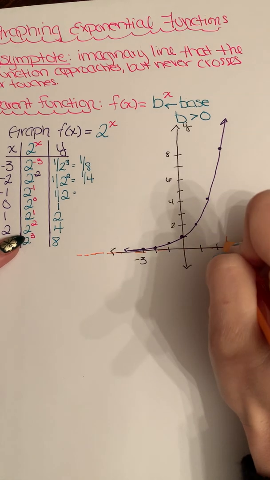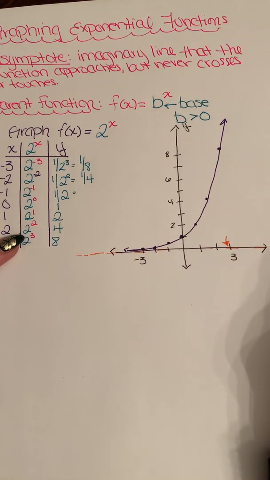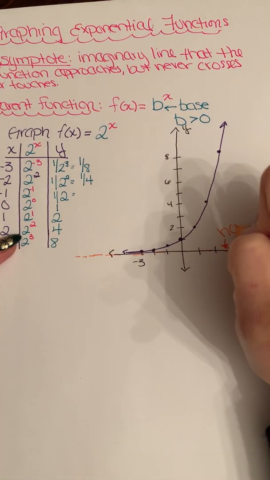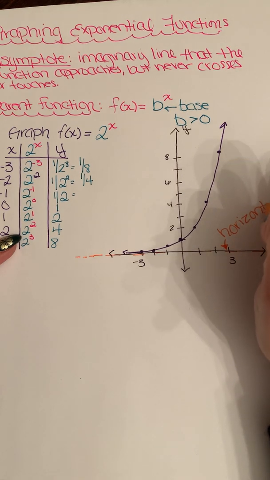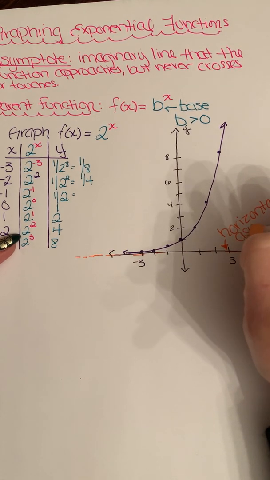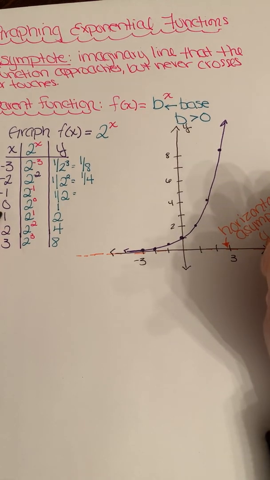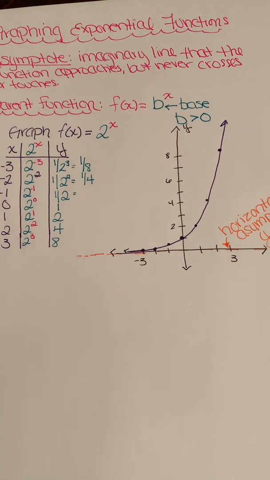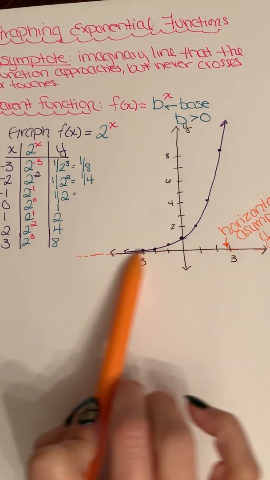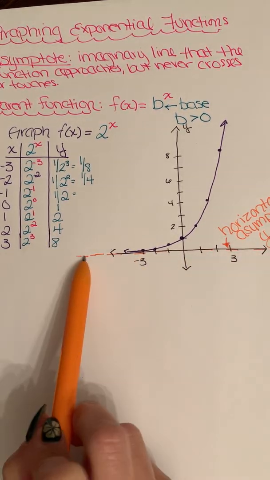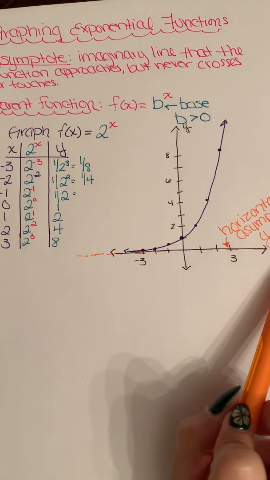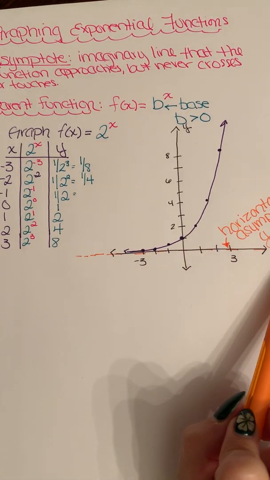So this line right here is your horizontal asymptote. And we define it as y equals 0 in this case, because that is this horizontal line. It's your x-axis, but that means y equals 0. So that's your horizontal asymptote.